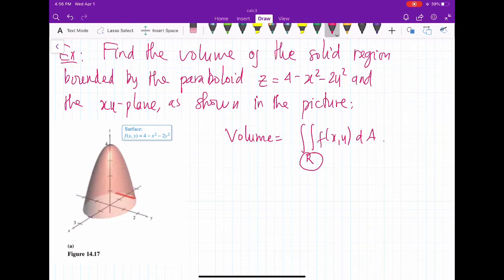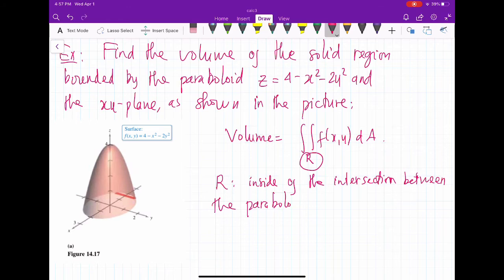So in order to find that intersection, everything inside of the intersection between the parabola and the xy plane. Makes sense?